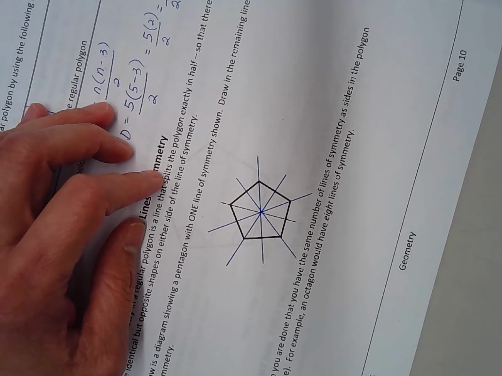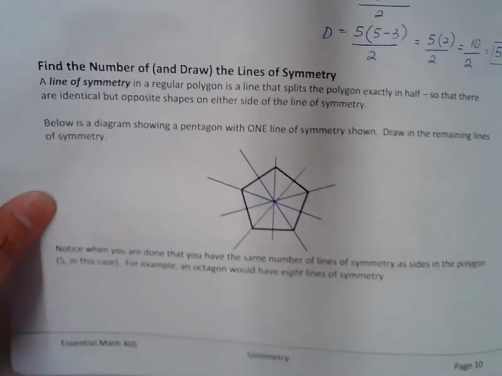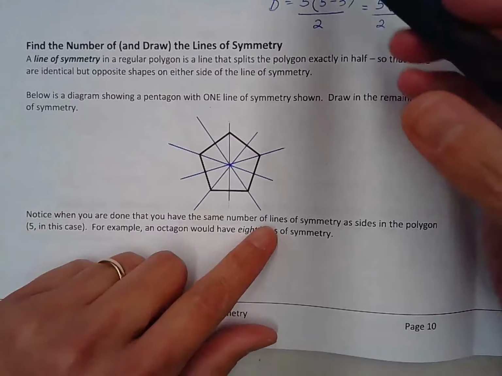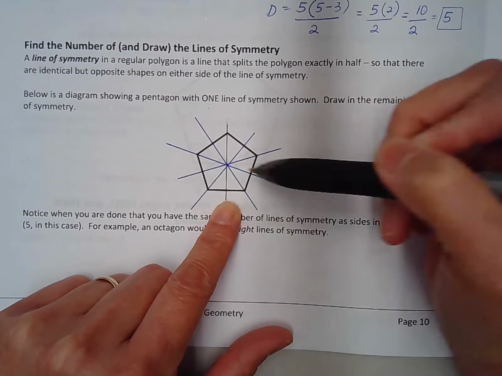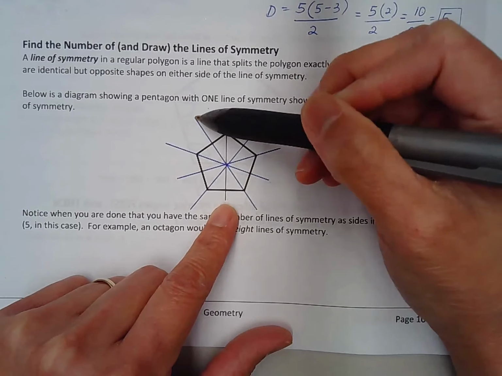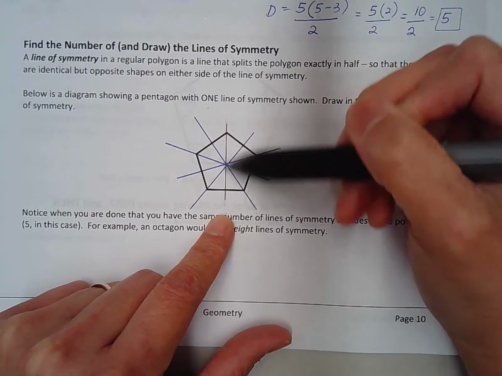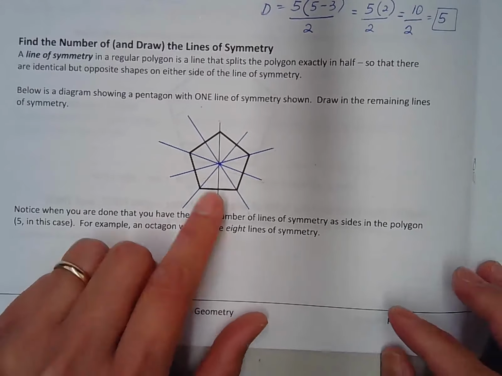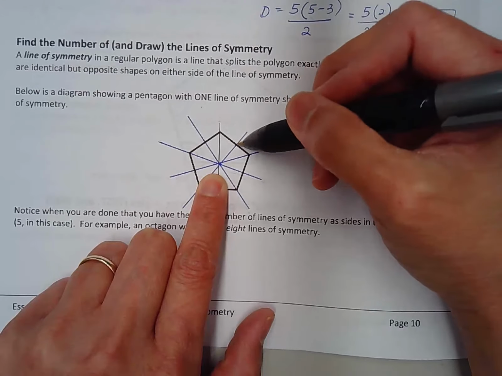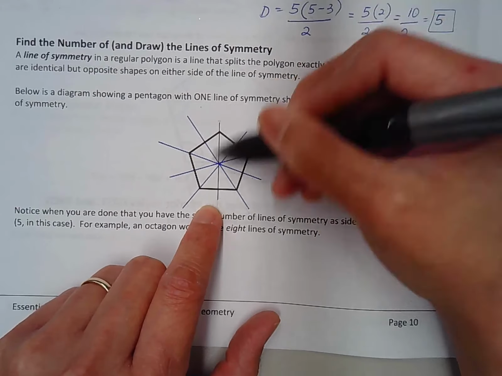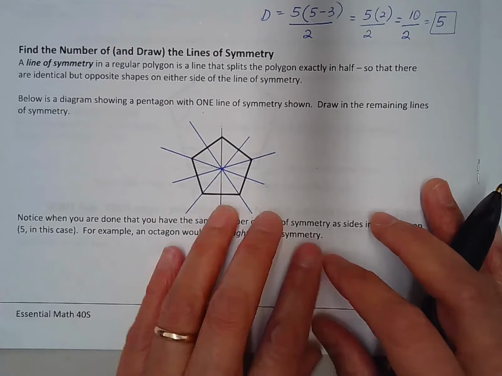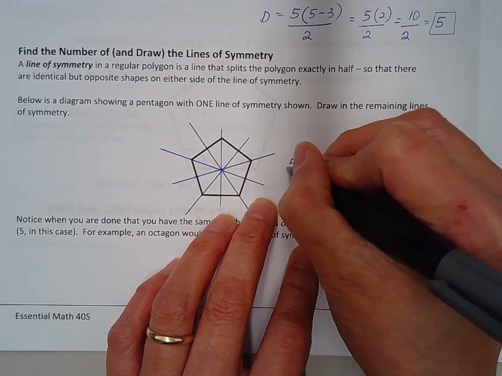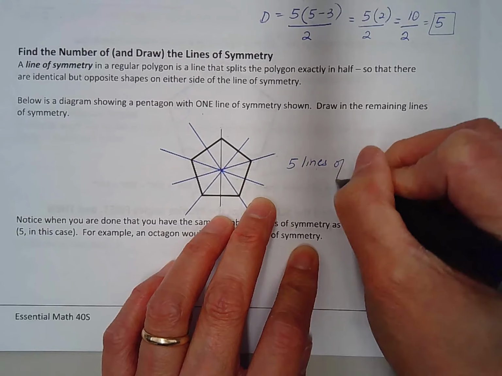Whoa, so how many is that? Did we keep track? 5. Yeah, there's 5. So there's 1, 2, 3, 4, 5. And I'm not going to count this because it's the same one, right? So count it from here. 1, 2, 3, 4, 5, because this one is the same thing as that one. So how many lines of symmetry? There's 5 lines of symmetry.